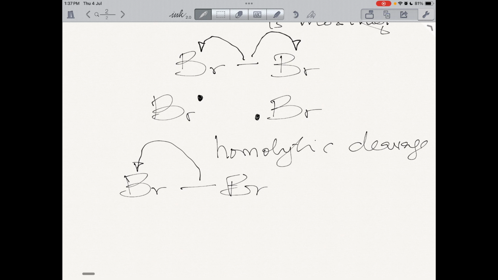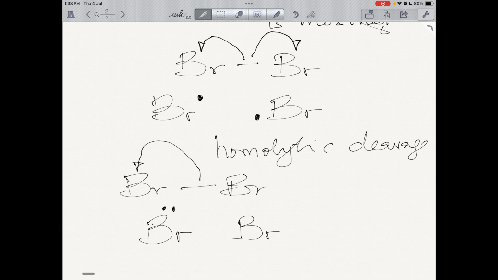In that case, this bromine now has a pair of electrons on its own head, apart from all the other pairs that have been there. And then the second bromine atom now seems to be without an electron that it used to have.